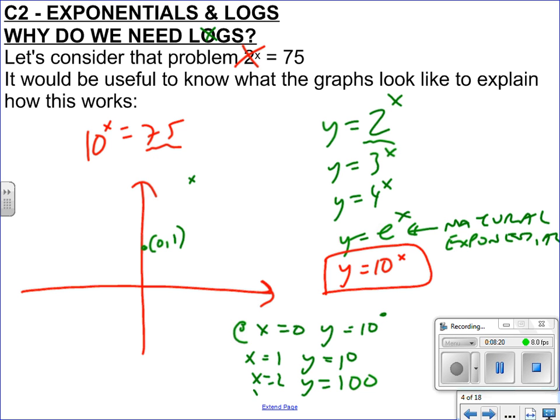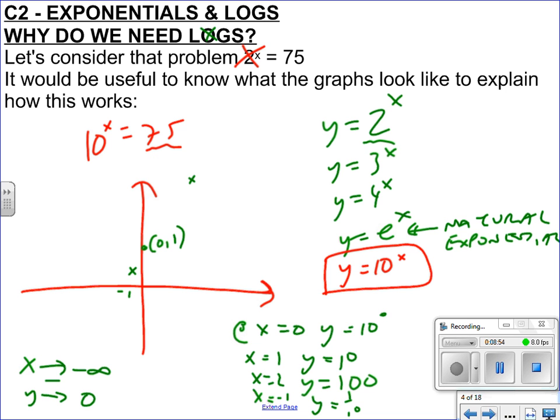What about when x equals minus 1? Y is going to be 10 to the minus 1, so that's 1 over 10, which is like there. Then x equals minus 2, that's 1 over 100. X equals minus 3, 1 over 1,000. Can you see as x approaches minus infinity, that's what that means, as x tends to minus infinity, y is going to tend to 0, isn't it?